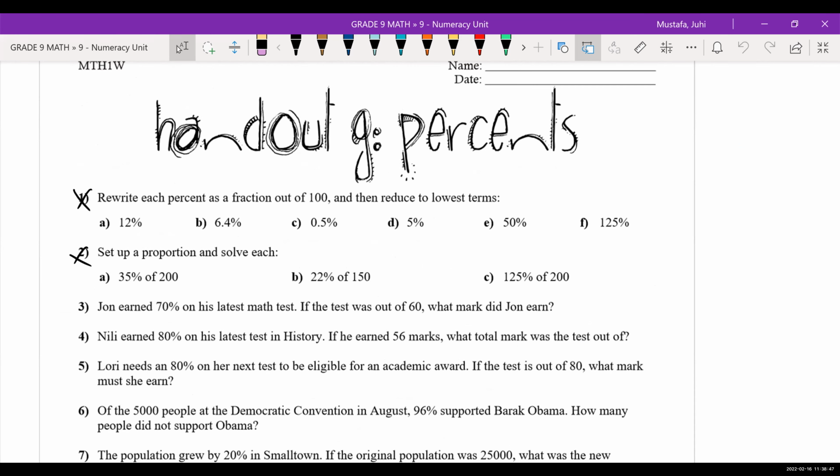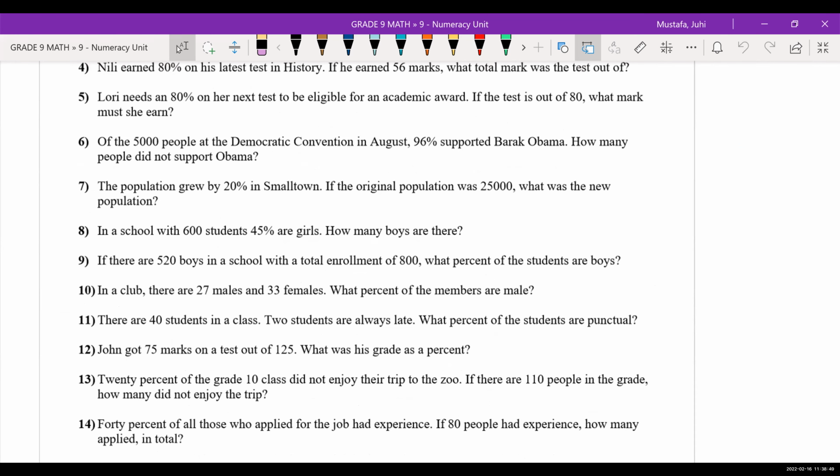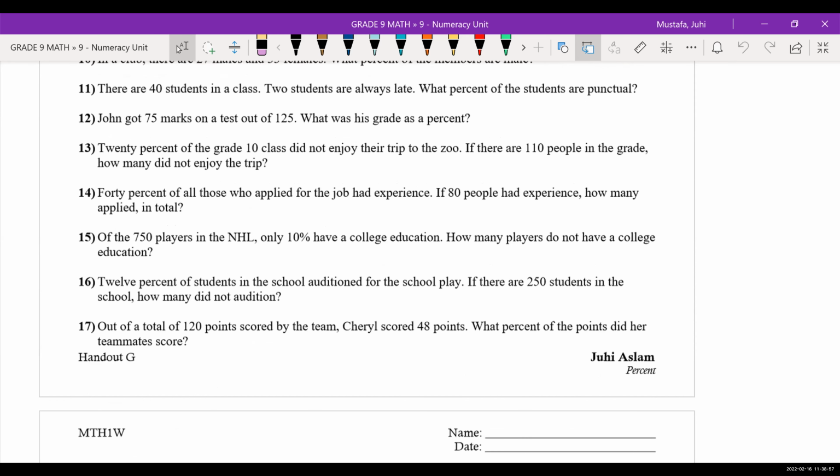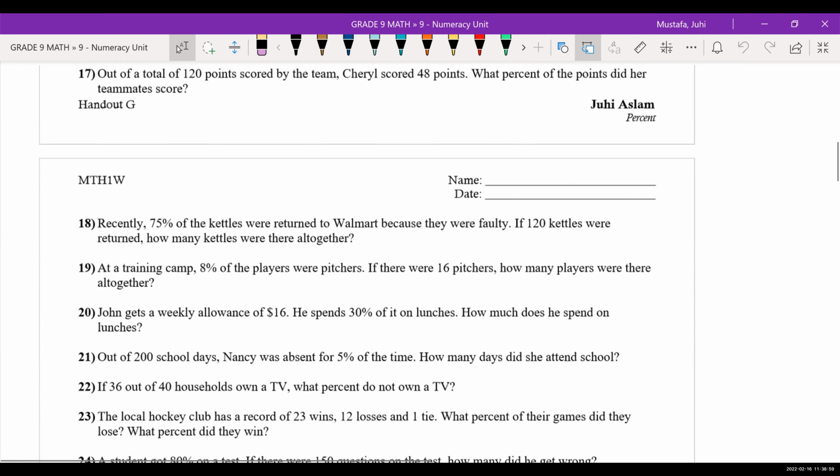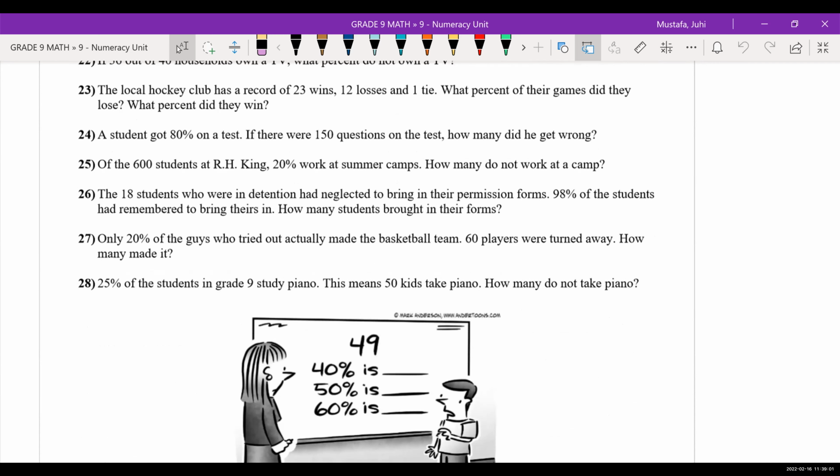That might seem like a lot because it probably is. However, if you wanted to get a lot of practice, do all of them. If you feel pretty comfortable, you could skip a couple if you find that they're repetitive and just pick and choose which ones you want. I would say try to get at least 17 questions done, okay? So any 17 that you want, do them. That would be enough practice for you to get really good at this topic.